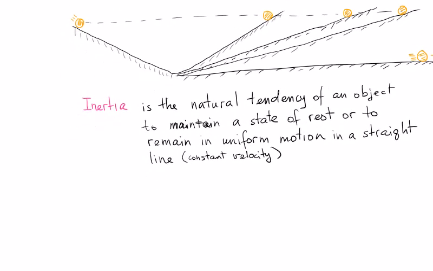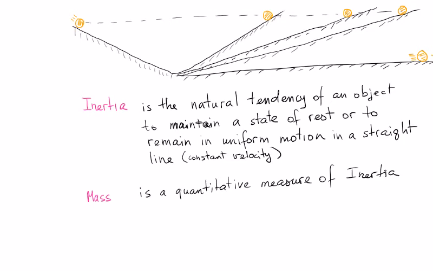Originally, he called mass a quantity of matter, but later redefined it as a quantitative measure of inertia. That is, a massive object has more inertia, or more resistance to change in motion, than a less massive object. For example, a car has more inertia than a bicycle.